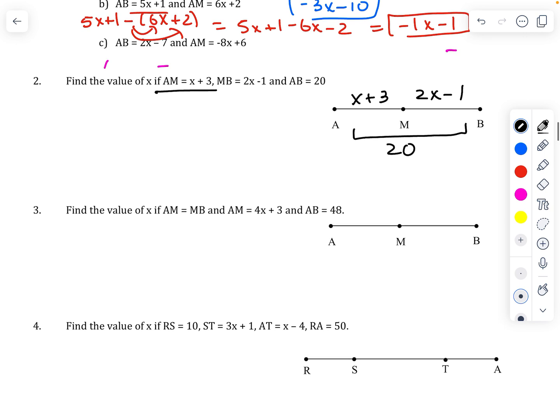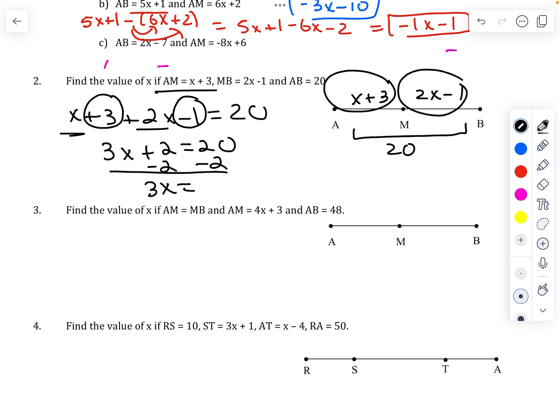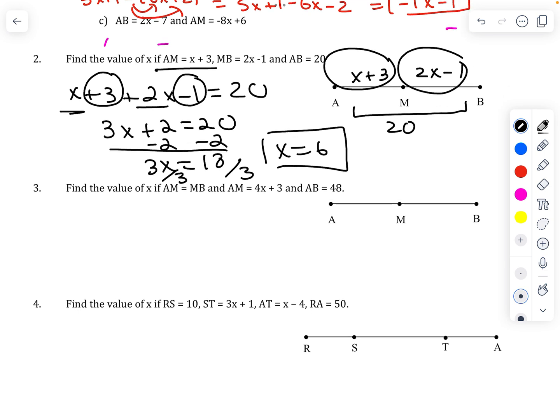Remember, if you take the two little pieces and add them, that's going to give you the big piece. So at this point, just solve your equation. These are like terms, and these are like terms. Subtract the 2, and lastly divide by the 3. So your answer should be x equals 6.